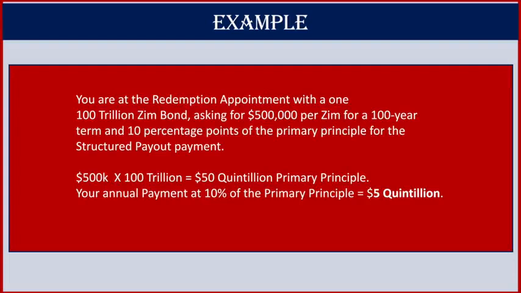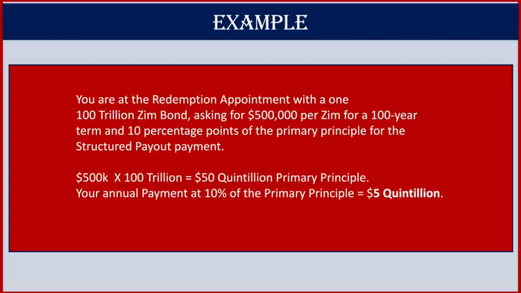This is where I have a lot of questions, and I think other people will as well. I feel like I've heard you say that our principal amount will not be depleted. Is that true? Absolutely correct. How is that possible? Once you've determined the amount of money you're going to receive on an annual basis, in this case 5 quintillion, the Alliance will put in 5 quintillion times the term that you have requested.